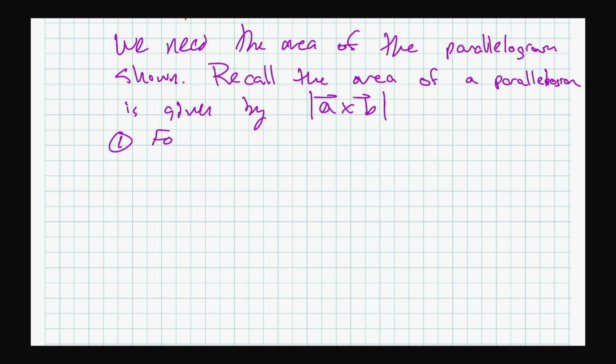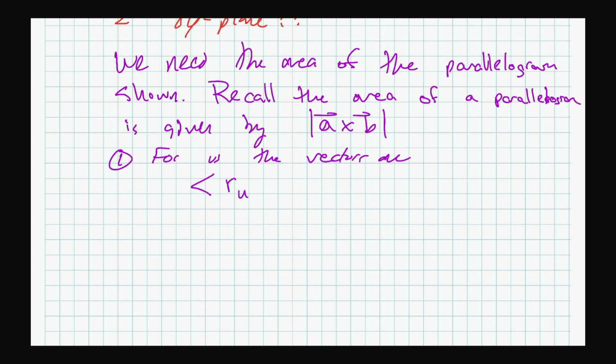So for us, the vectors are, so one of them was ru, no, sorry, I don't want ru, I want gu delta u, hu delta u.